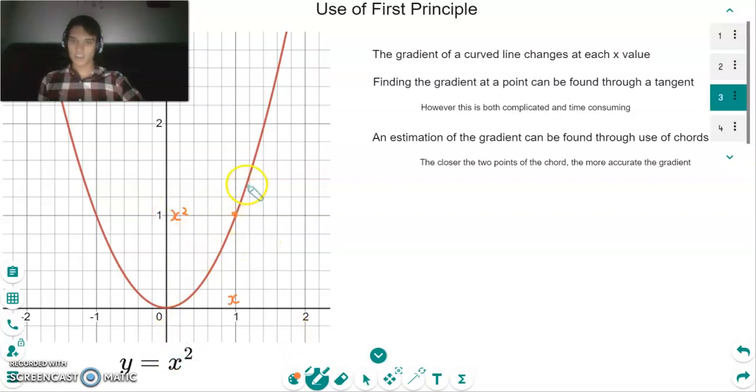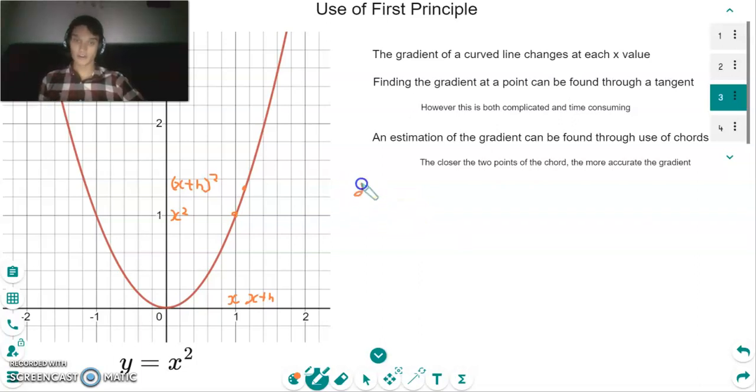And then if we take a point along the line, we're going to call this point x plus h. It is essentially h distance away from x. And our y value for x plus h is going to be x plus h all squared. Again, it's just y equals x squared. So we're going to try and find the gradient of this formulaic version.